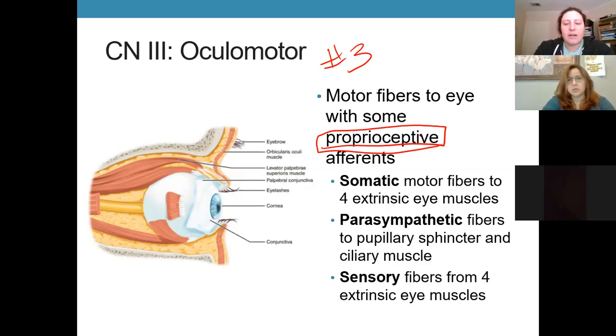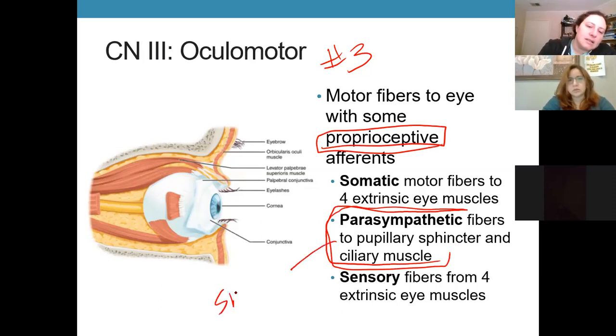It also carries some autonomic stuff, so parasympathetic fibers to the pupillary sphincter and ciliary muscles. And we'll learn more about that later, but basically this is smooth muscle inside the eye, okay? So some autonomic stuff's hitching a ride here, and we'll talk about that more later on.